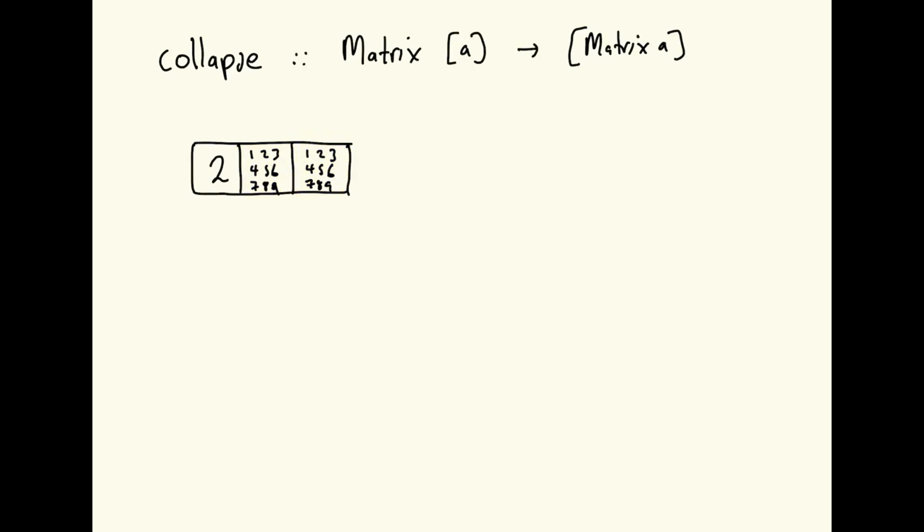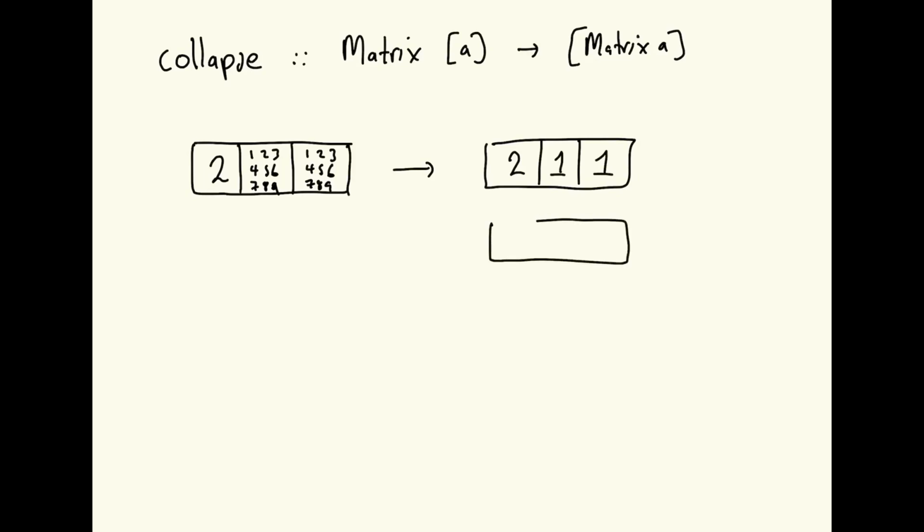So for example, out of this function, we could have this choice. The 2 is already fixed. We could pick a 1 for the second cell and a 1 for the third cell. Or we could do something different. We could keep the 1 here, we could pick a 2 here. Or similarly, we could have 2, 1, 3, and so on.